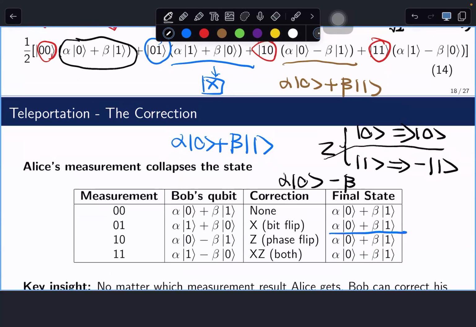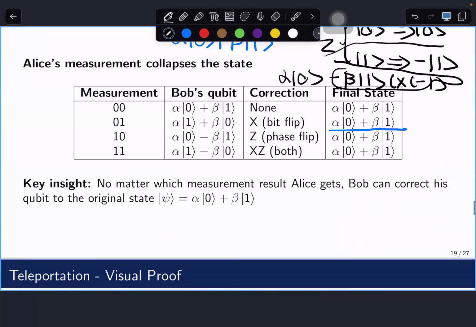For minus beta |1>, we'll actually have a -1 here on this term. So alpha |0> is still the same, and minus beta |1>, two minuses will create a plus. So we go back to alpha |0> plus beta |1>.